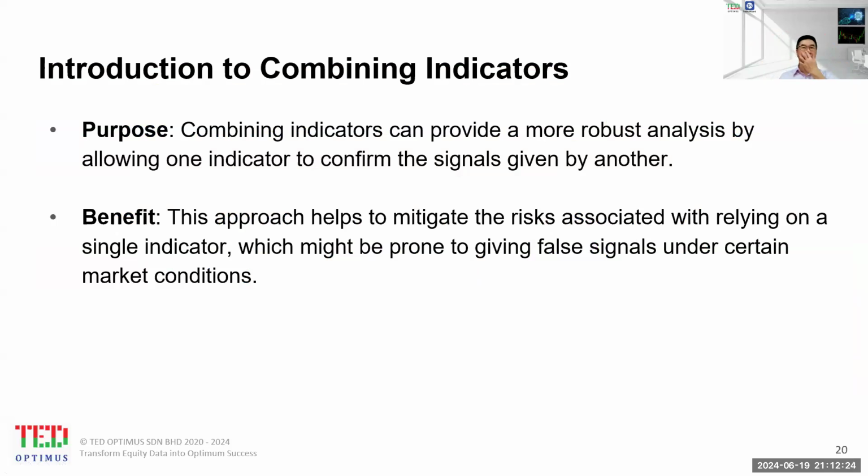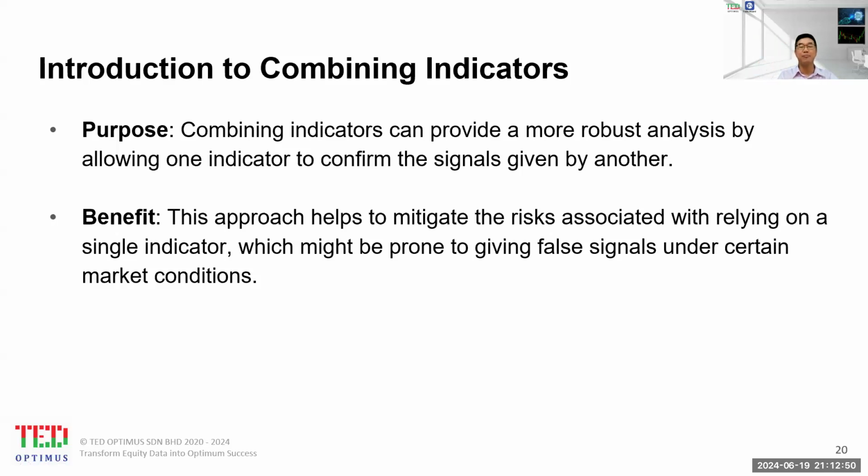Could be quite accurate, could be not very accurate. But when we put two indicators together, by observing the results from each individually, we have a more accurate entry and exit, or we can be more confident to decide whether we want to buy, sell, or hold.